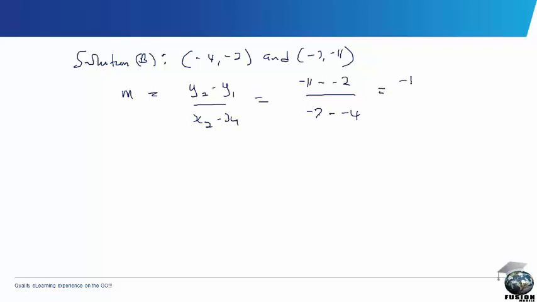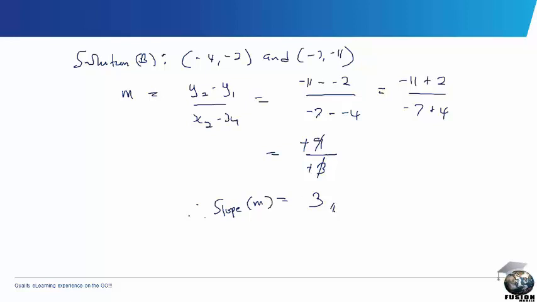Minus changes to plus, so we have minus 11 plus 2 over minus 7 plus 4. If you owe a debt of 11 naira and you pay 2 naira, you will still owe 9 naira. If you owe a debt of 7 naira and you pay 4 naira, you will still owe 3 naira. The minus sign takes care of the negatives too, and so the slope is equal to 3.